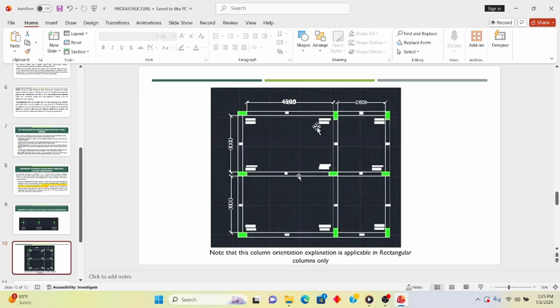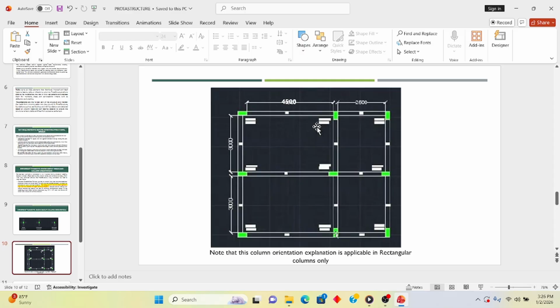So this direction has a higher bending moment than this one. The orientation of the column will be such that it goes much further into this beam than this beam. That's the principle you apply when you are orienting a rectangular column.